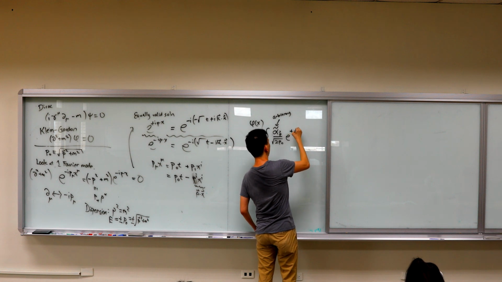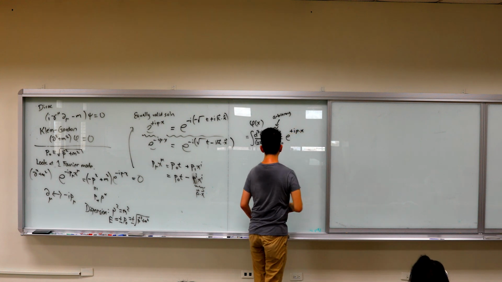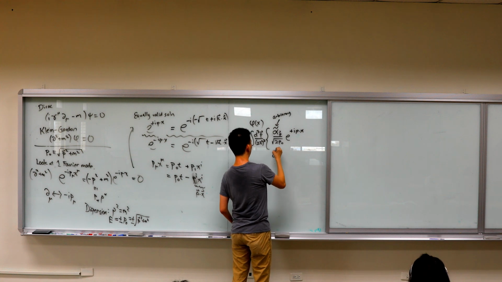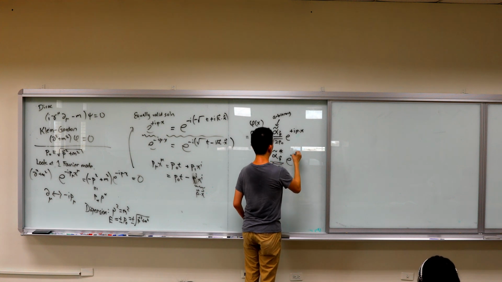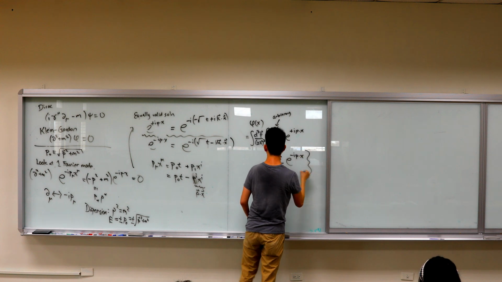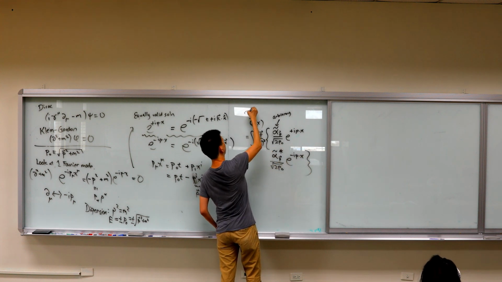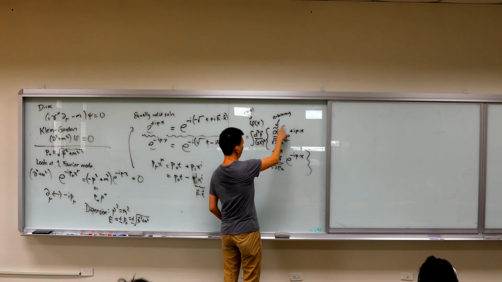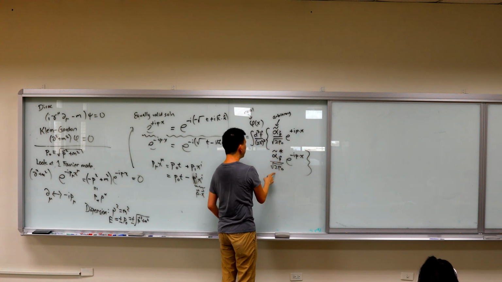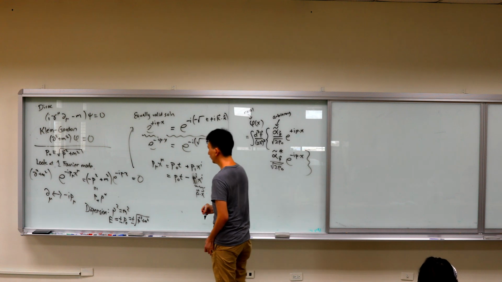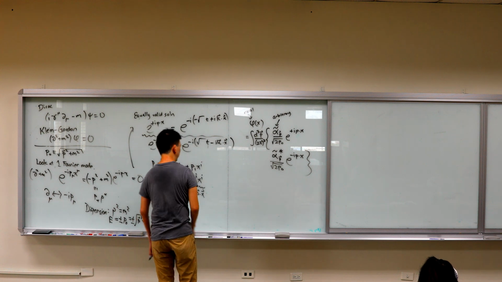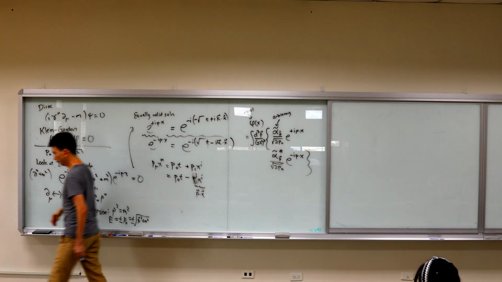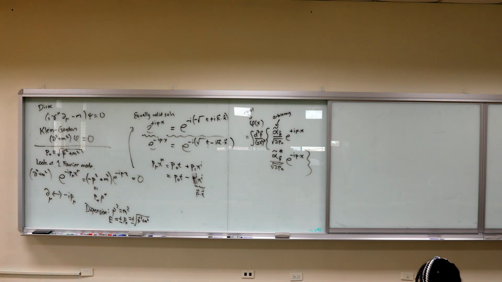Right, so this will be e to the I P dot x, and then I'll have alpha star of P over square root 2 P naught, and then e to the minus I P dot x. Okay, remember this is real. For now, this is real. So you see that once I write this down, I don't have a choice. I need to have this complex conjugate. Right? So in some sense, once I have one of these solutions, I will get the other one. I don't really have a choice because it's a real scalar field. So I need both of them.